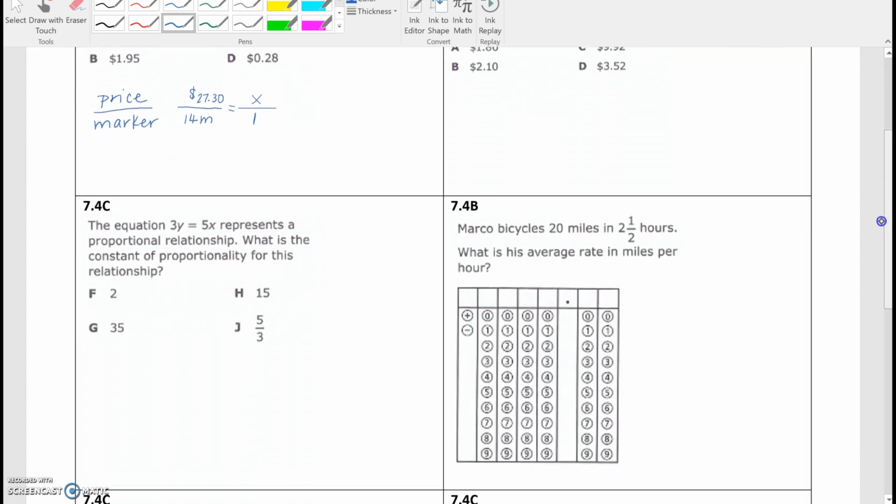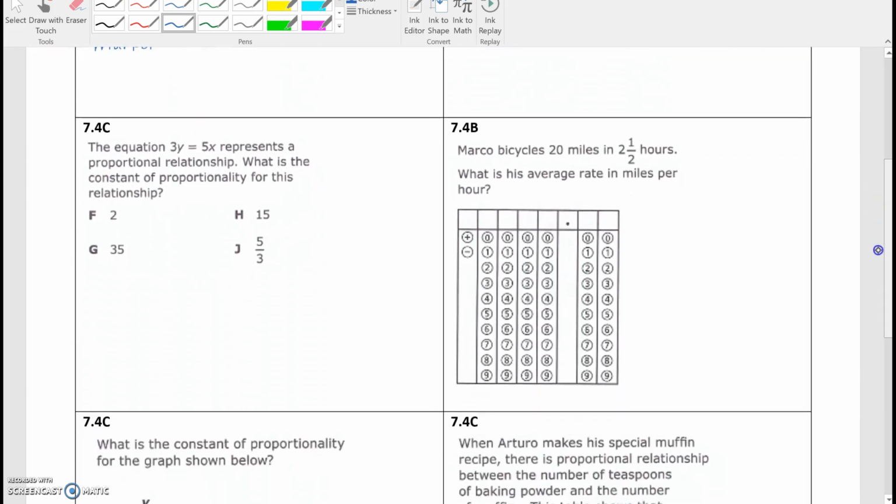And then if we go here to the third problem, it gives us an equation and it wants to know the constant of proportionality for this relationship. Okay, so the constant, again, is k equals y over x.